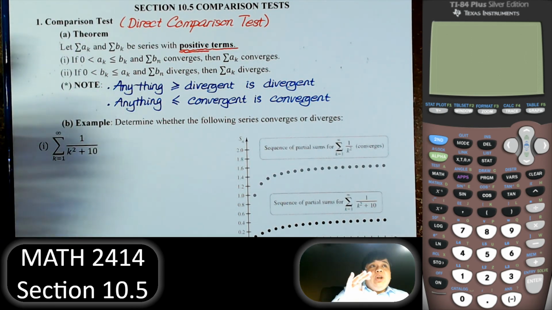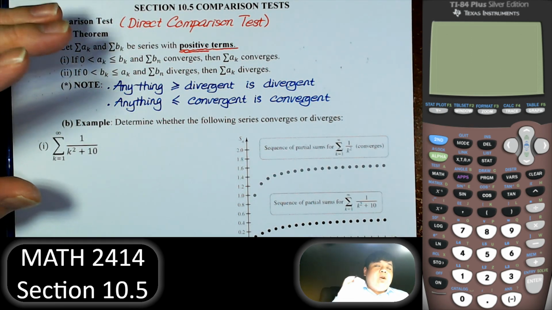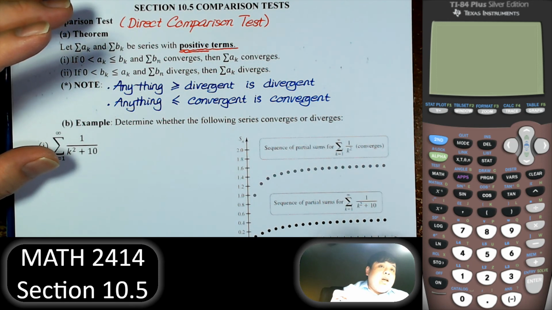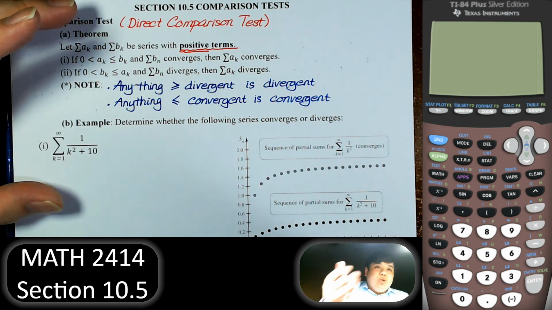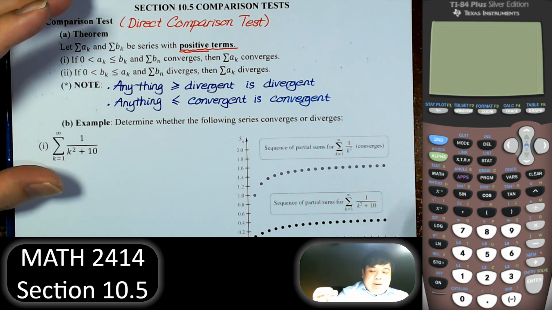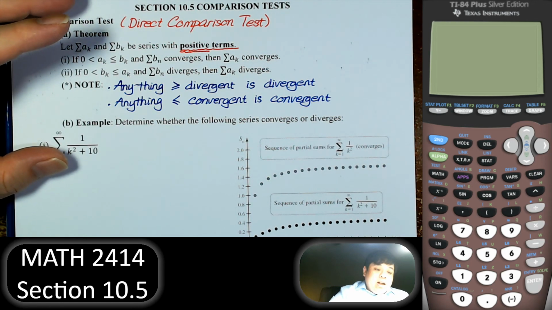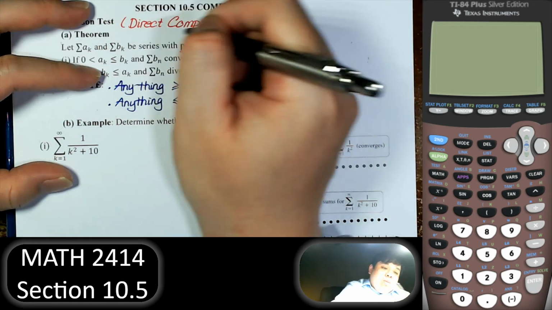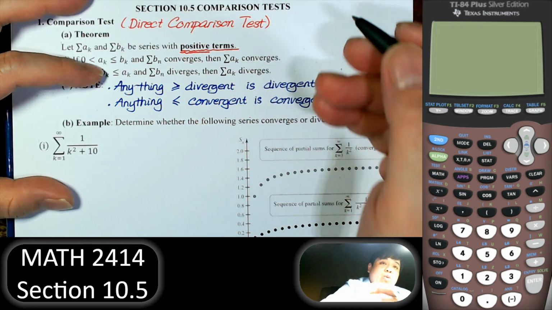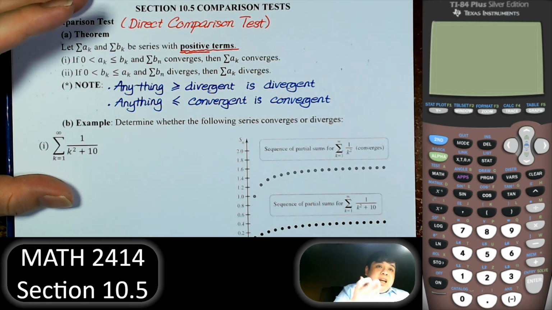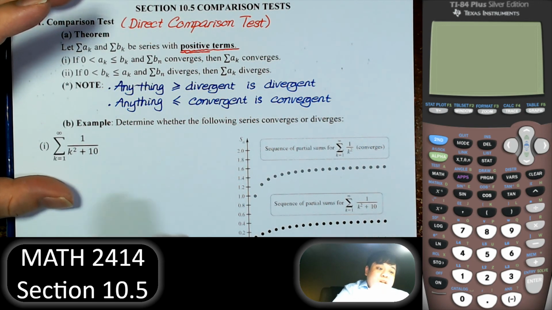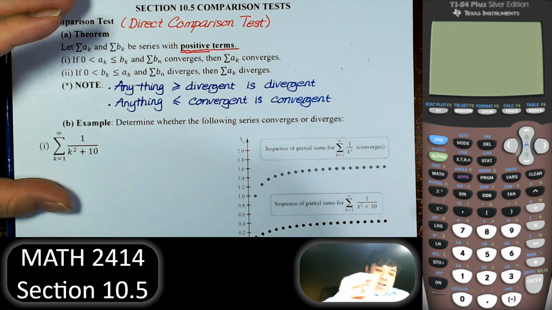So I'll write this. Direct comparison test, this one we usually know if the series is convergent or divergent already. We just need to use this to show it actually is.